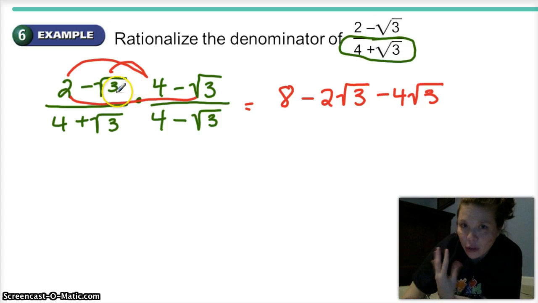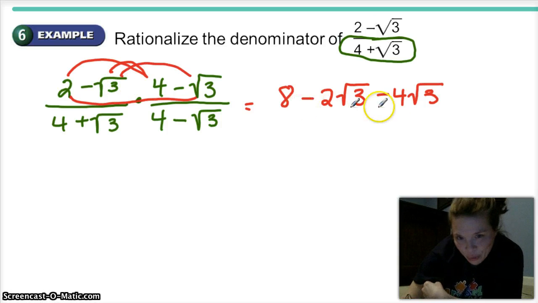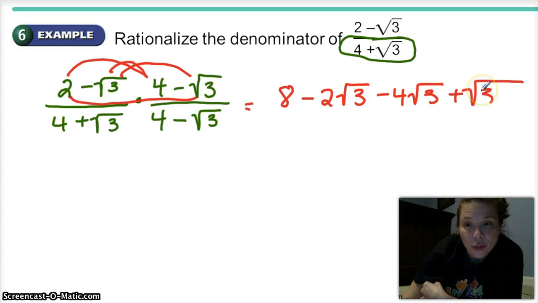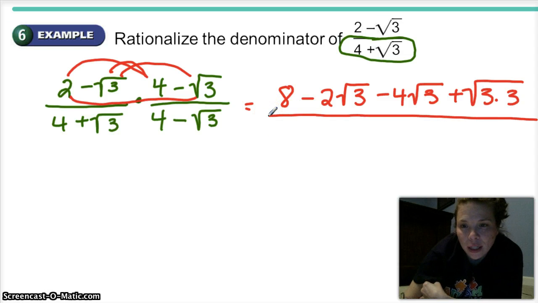Again, 4 is outside, that 3 is inside. Inside stuff stays together, outside stuff stays together. Love those technical terms, huh? And then finally, the last terms, negative root 3 times negative root 3. So negative times the negative is positive, and then we have root 3 times root 3. That's kind of sloppy, so I should make it just a little bit bigger.